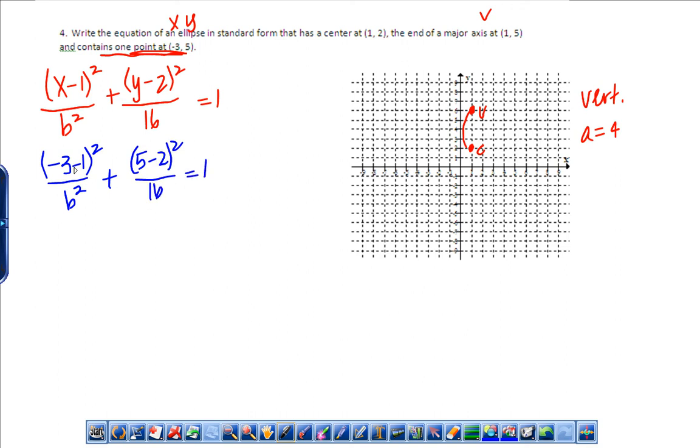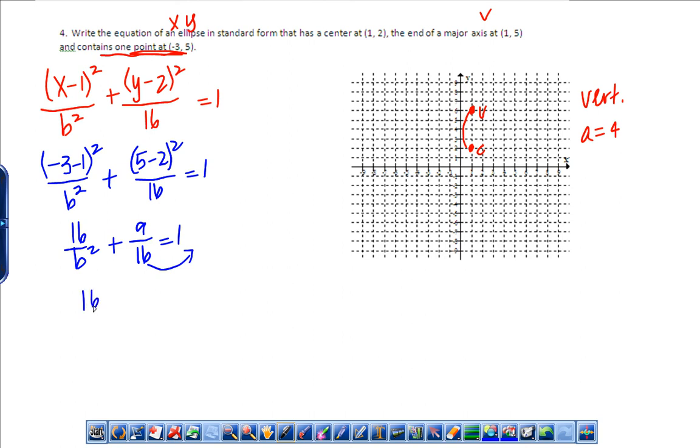Go ahead and simplify your top and square it. So that's negative 4 squared, which is 16, and that's b squared. And 5 minus 2 is 3 squared, so that's 9 over 16, and that's equal to 1. You can multiply by your common denominator, or I'm actually going to move this over so I'll have a proportion.